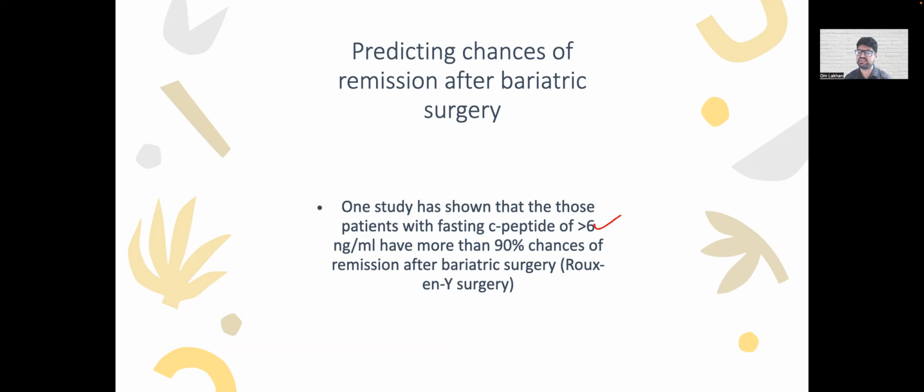But in this study they found that those patients having fasting C-peptide more than 6 nanogram per ml have 90% more chances of remission after bariatric surgery, especially Roux-en-Y bariatric surgery. So this is something which perhaps your bariatric surgeons can use in their practice, especially when they want to give the promise of the patient going into remission of type 2 diabetes with bariatric surgery.